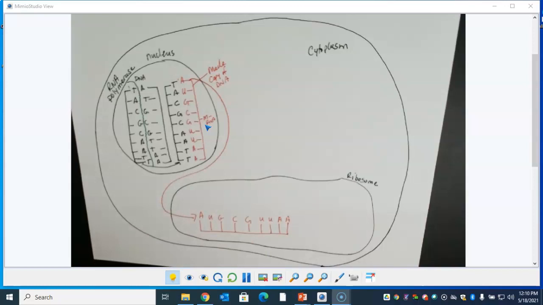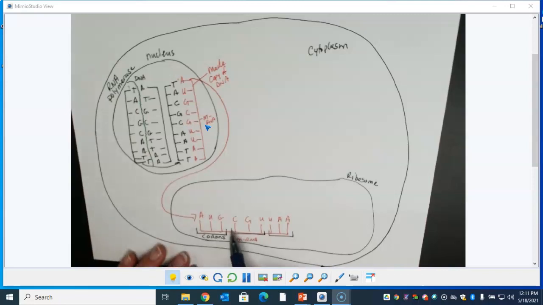It's going to be read by the ribosome, so we can have amino acids come into the ribosome and proteins to be made. This messenger RNA is read by the ribosome every 3 letters. So these 3 letters, and then these 3 letters, and then these 3 letters. These are called codons. Every 3 letters that is read is considered a codon.